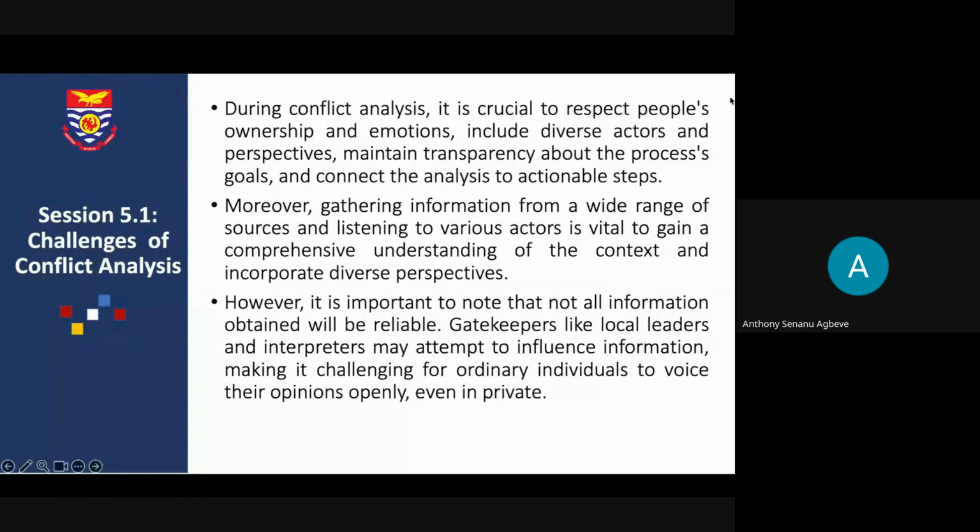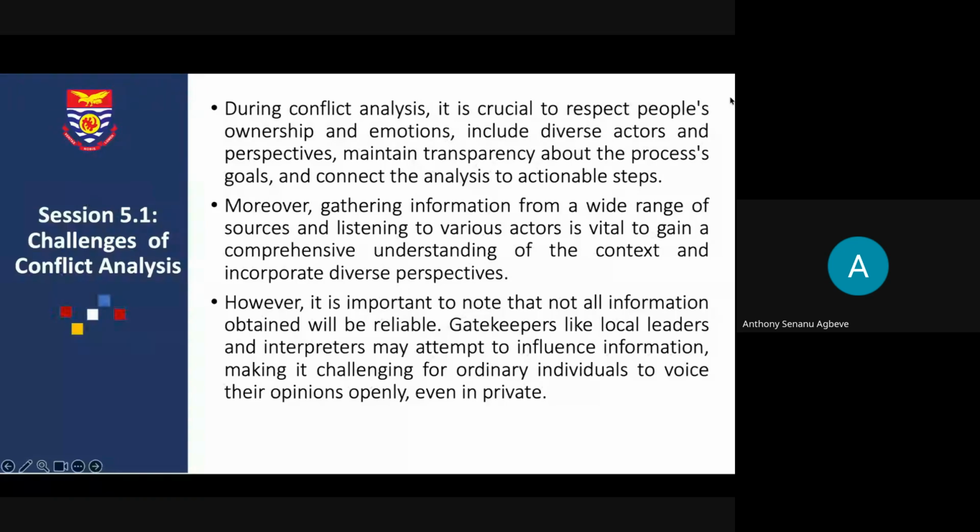That can be a challenge, because at the end of the day, you might not get all the requisite information needed to include in your report. So imagine you get all the information from just one side of the conflicting parties. That can be very challenging. So gathering information from a large source and from a lot of people can also be a challenge, right?